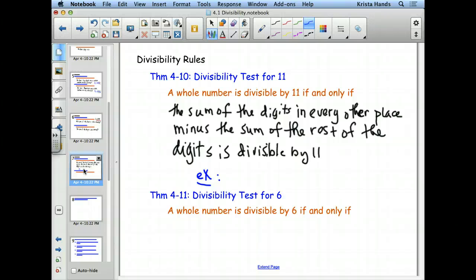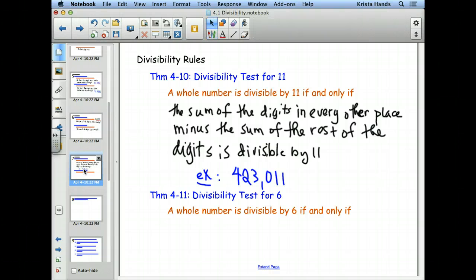Here's what you do. The divisibility test for 11 is really much more practical if you've got a long number. So you usually see a long number given. So let me give us a 6-digit number, let's say. All right, so here's what you do. You add up every other digit.